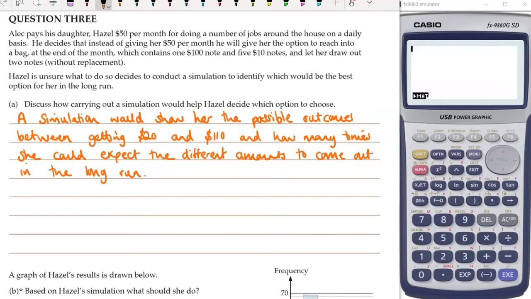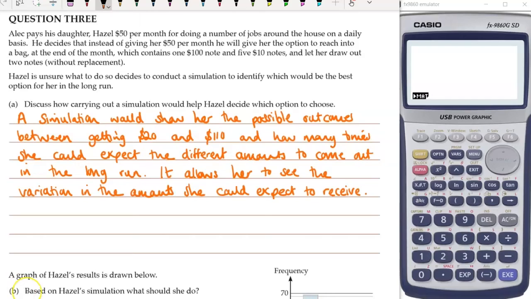So if there's quite a lot of variation, whether she wants to take that risk for a potentially higher payout, or if there's not much variation, but maybe the payouts aren't going to be as high, she could take a look at those things. From that, she would be able to work out her expected average earnings and decide whether she would be better off or not taking the $50 a month.